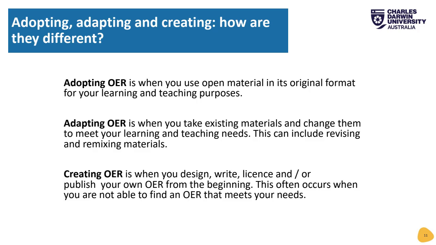This can include revising and remixing materials, so you customize them. You might be customizing them to look at your particular geographical location. You may be customizing the OER to actually make it more relevant for your student cohort or the student population that you are actually referring to in terms of the content.